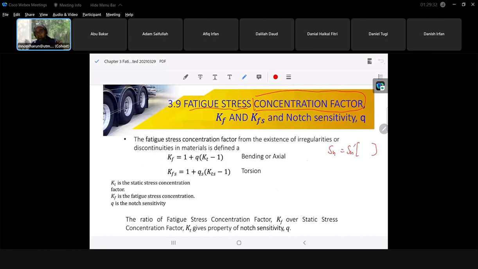If we design the shaft, it's quite difficult that we just have one straight line of the shaft. No. Normally we have this, we have fillet. We have fillet, like this.